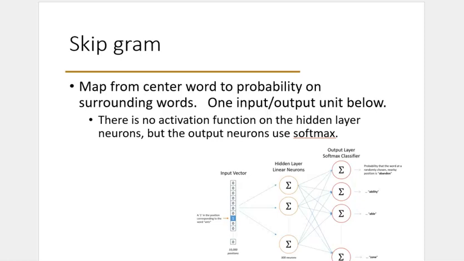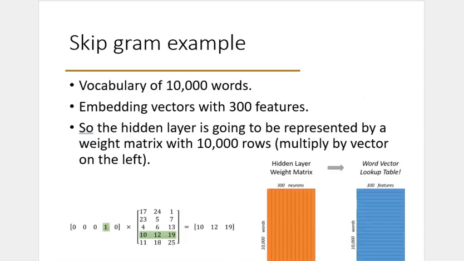By applying this process, if we have a vocabulary of 10,000 words, and we decide that our embedding vector will have 300 features, the hidden layer in that case is going to be represented by a weight matrix of 10,000 rows times the 300 features. So you have a hidden layer of 10,000 by 300 features, and you end up with the lookup table, which essentially tells you the probability that each word is near that target word.